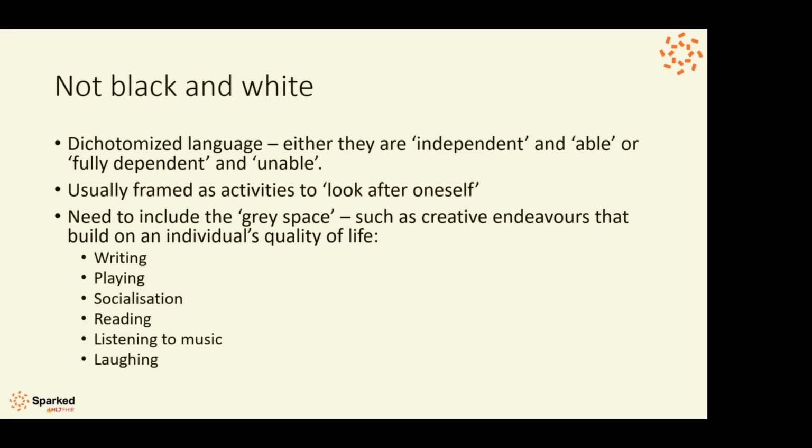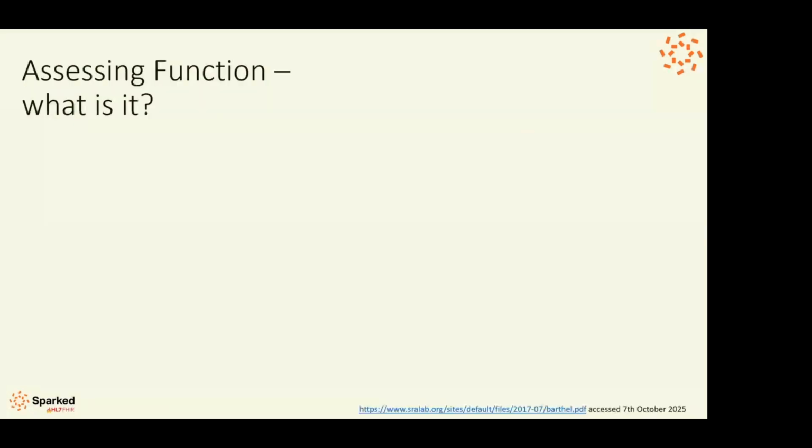But patients have a very much broader, more encompassing understanding of the way they operate or the way they want to function. So they take into that grey space, which is more about the way they might be participating in activities such as writing, playing, socialising, reading, or listening to music.